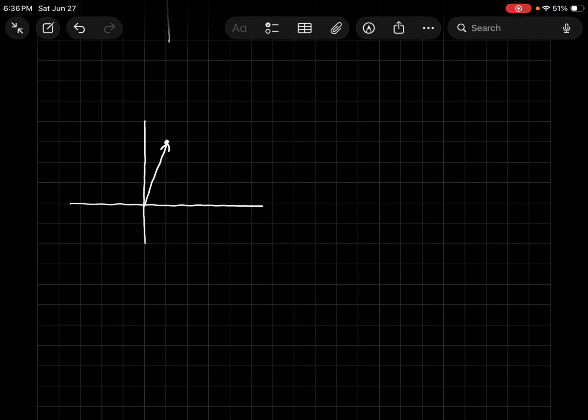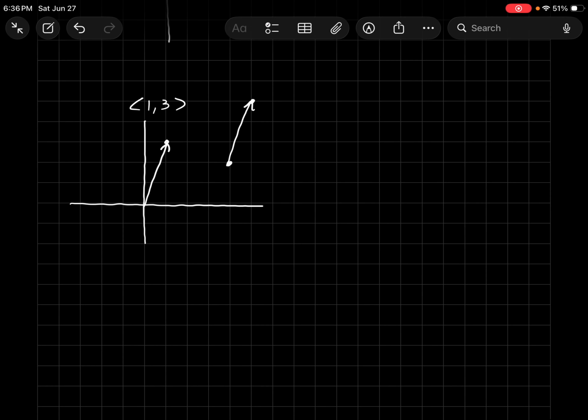So here I drew the vector 1, 3. Notice I could have started somewhere else. Let's say I'll start over here at 4, 2, and gone 1 to the right and 3 up. They're not the same vector, but equivalently, they basically are. Depending on the circumstance, they exactly are the same thing.